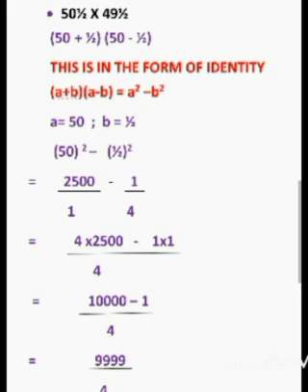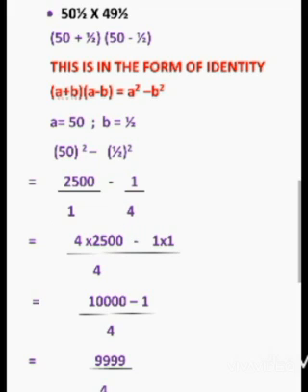So now let us substitute a and b value in the identity a square minus b square. A square means 50 square, minus b square means (1 by 2) whole square. 50 whole square you can write as 50 into 50, which is 2500 by 1, minus (1 by 2) whole square means 1 by 2 into 1 by 2, which is equal to 1 by 4. Now let us take the LCM for the denominators 1 and 4.